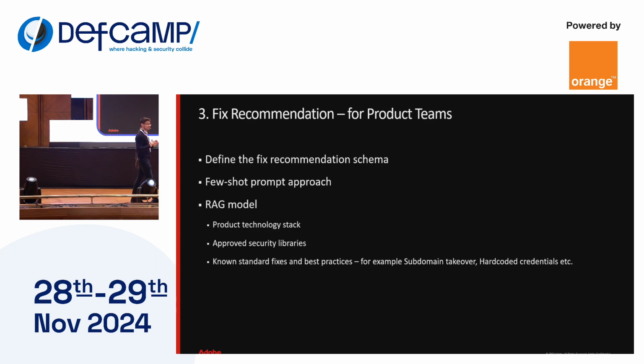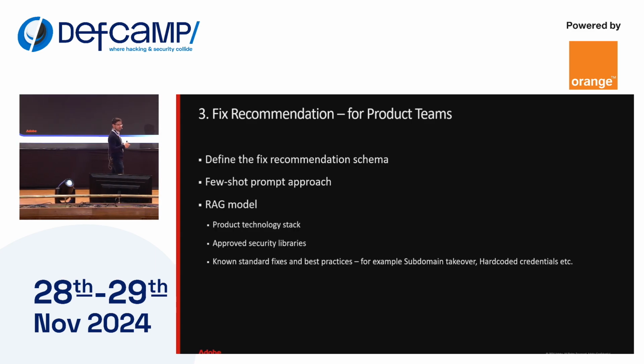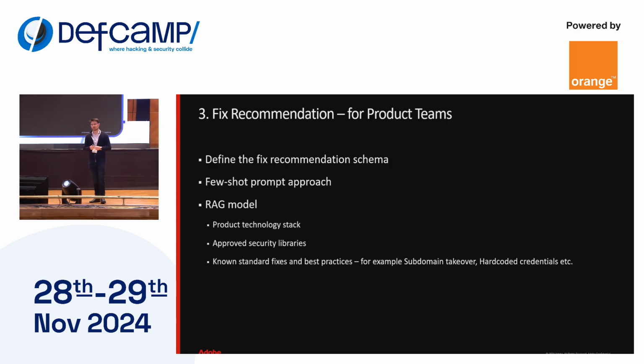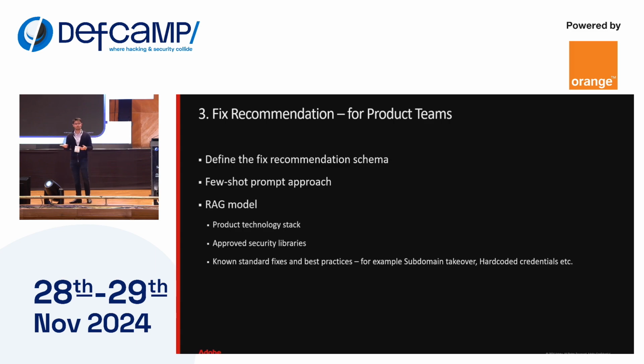And of course, it can have a RAG capability. For each product, you can define the product technology stack. Does this product use Java? Does it use .NET? It will be good to provide tailored descriptions. Also, in the RAG capability, you can include the approved security libraries and some known standard fixes.